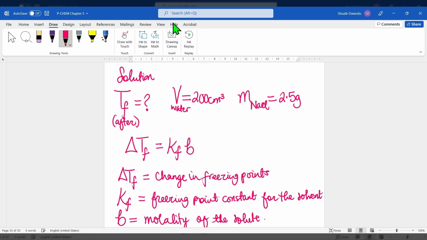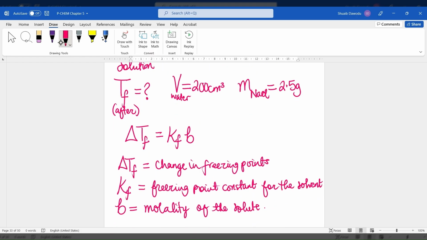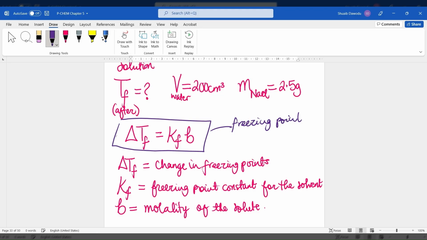Now, to explain this further, remember what I just said: ΔT_F is equal to K_F multiplied by b. This is what you call the freezing point equation, or you can also call it the freezing point depression formula. For some of you, depending on what your syllabus was in your own university or in high school, you would have been taught this formula.